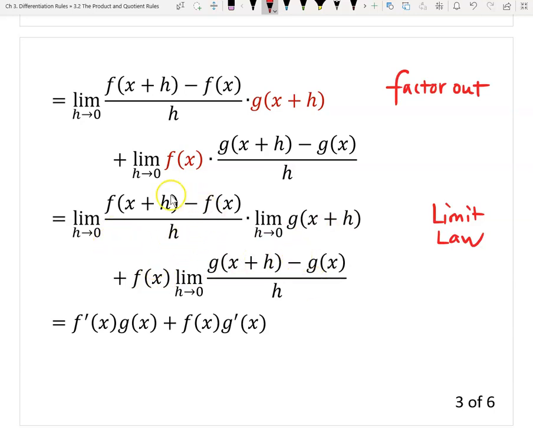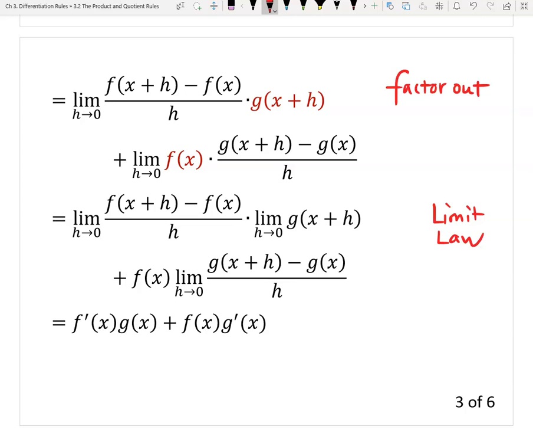We're going to see how about the first limit. Okay, if you imagine this is just the definition of the derivative, right? Which is the derivative of f. How about the second limit? Okay, and if we directly substitute, we get the g(x). Can we directly substitute? Yes. Because of what?